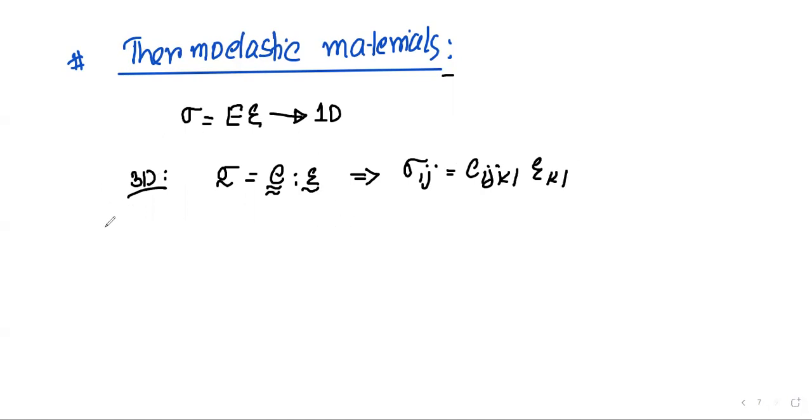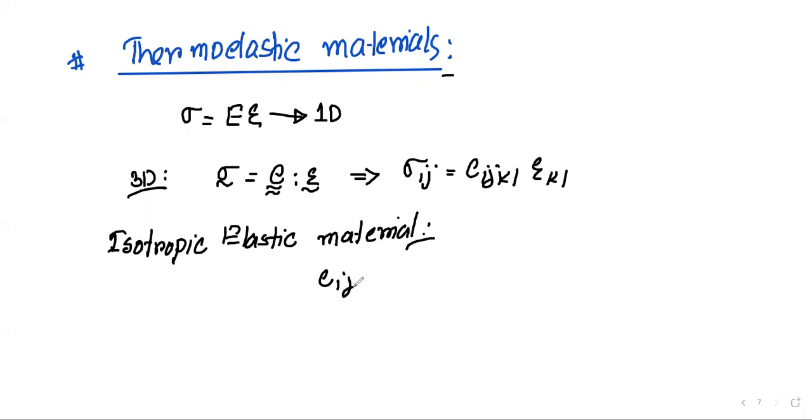For isotropic elastic material, the C ijkl is of the form lambda times one, where one is the fourth order isotropic tensor, plus 2 mu times I. This lambda and mu are called Lame constants.